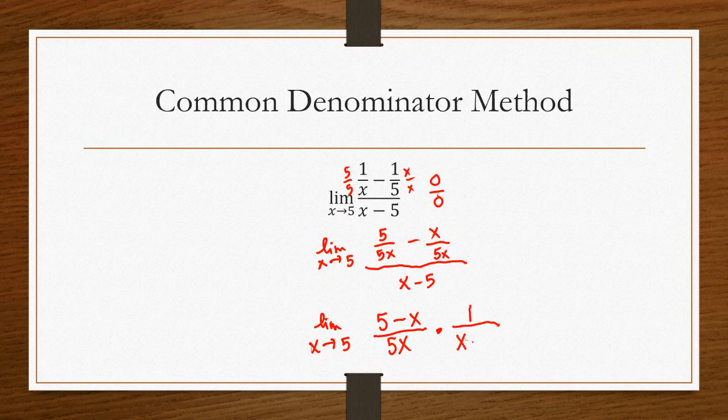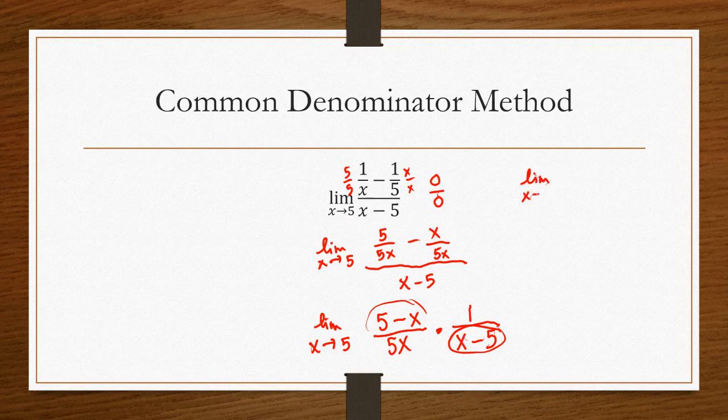So I'm going to multiply by 1 over x minus 5. And then what I notice is that this and this are not equal, but they're really close to equal. Their signs are just different. So in order to fix that problem, I can factor a negative 1 out to make them look like they're the same so that they can cancel.